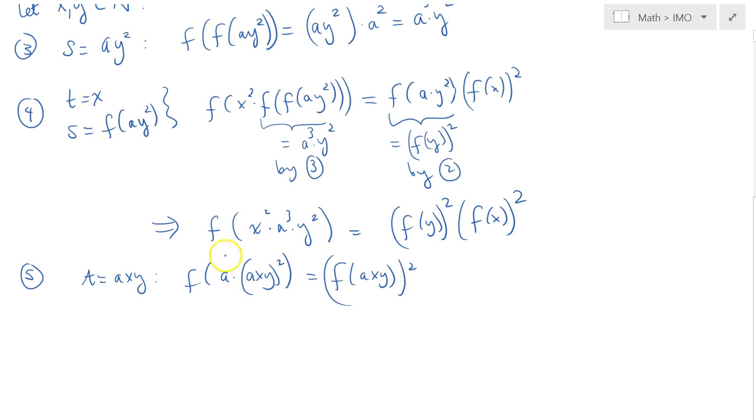Notice that the left hand side is simply equal to f of a cubed times x squared times y squared, and this is precisely the left side of equation 4.